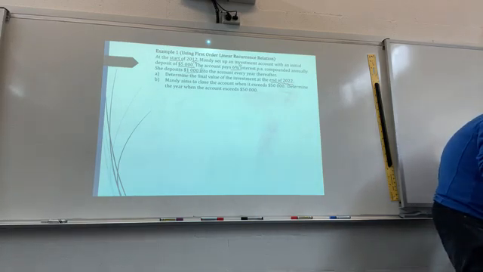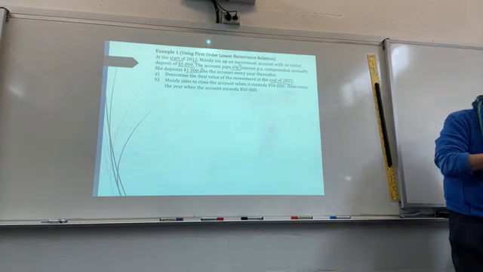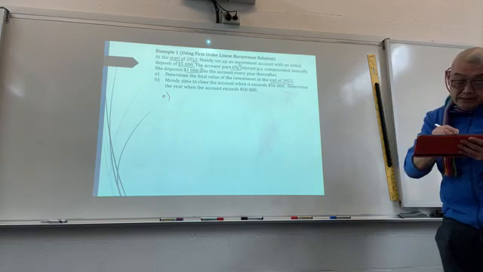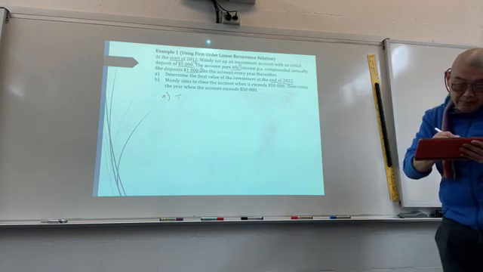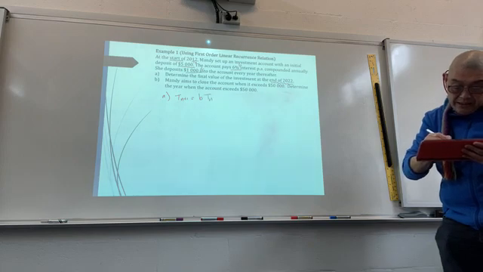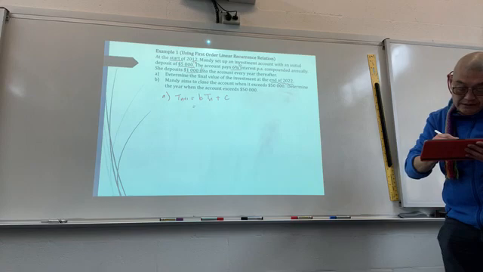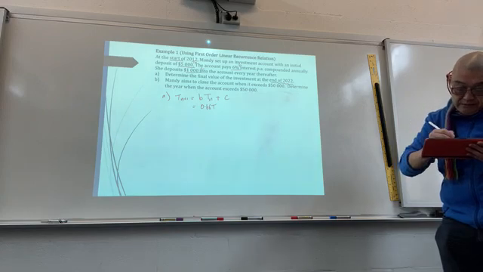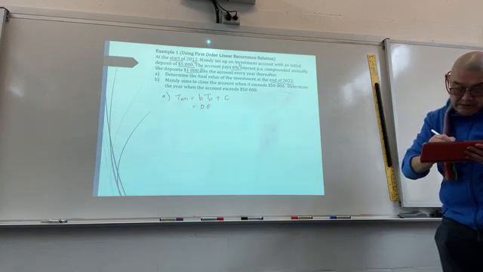So now we can write down the first order recurrence relation: Tn plus 1 equals B times Tn plus C, which is 0.06 Tn, 0.06, not 0.66, 0.06 Tn plus 1000.